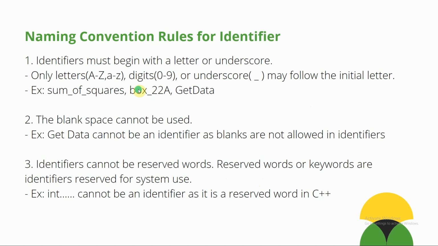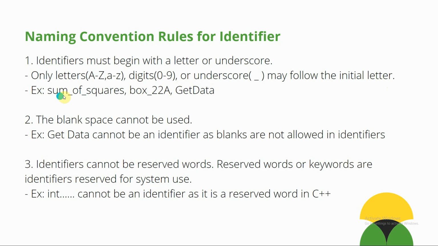So the naming convention rules for an identifier: it must begin with a letter or underscore. So only letters A to Z, the capital letters A to Z, small case letters a to z also, and then digits 0 to 9, or the underscore may follow the initial letter.